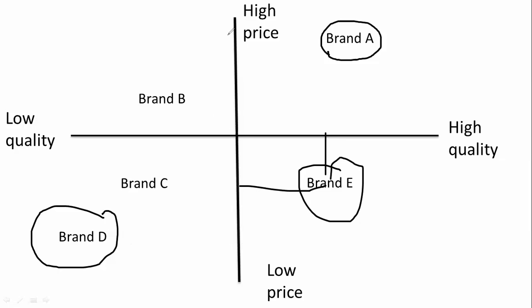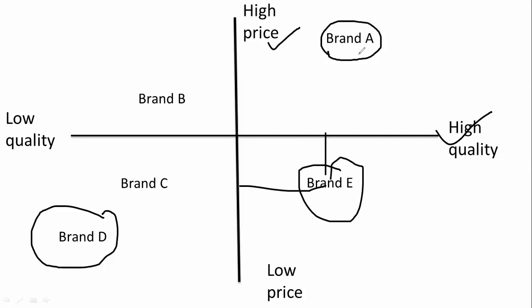So in order to make the perceptual maps, you can take whatever two qualities of a product and make the map. This is perceptual mapping. Okay. So this shows the position for a particular product in the customer's mind.